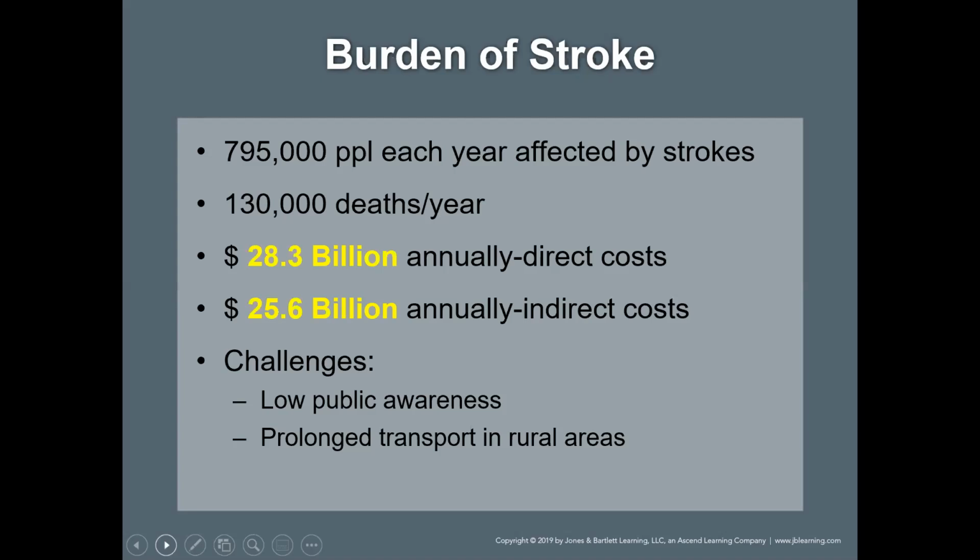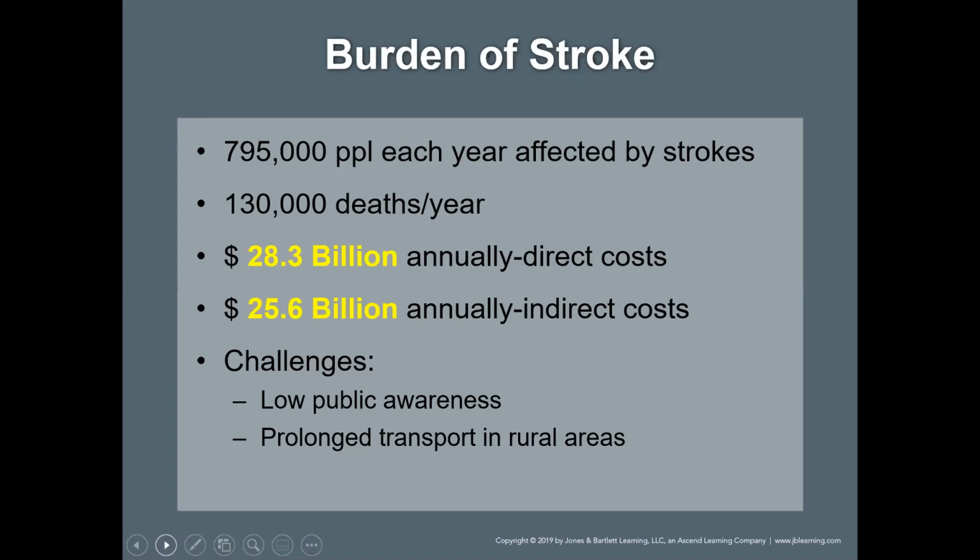Cerebral vascular accidents, or strokes, or brain attacks, whatever you want to call it, is a huge thing. Over 700,000 people each year are affected by strokes, and 130,000 of those die a year. Direct costs, like homes to take care of them, nurses, and all of the equipment, are $28.3 billion annually, including insurance.